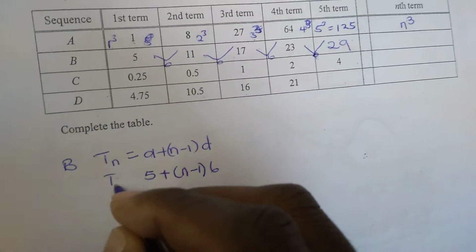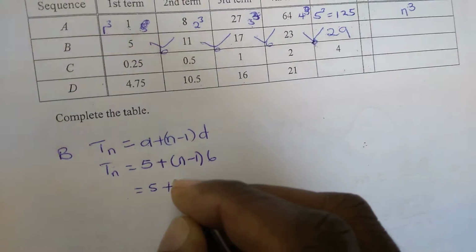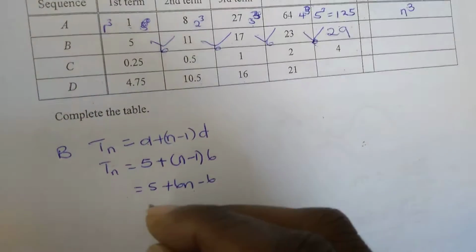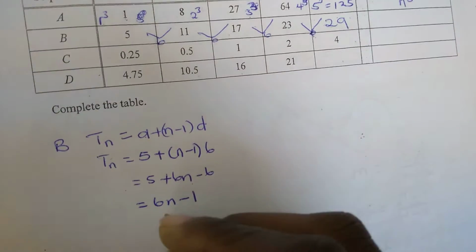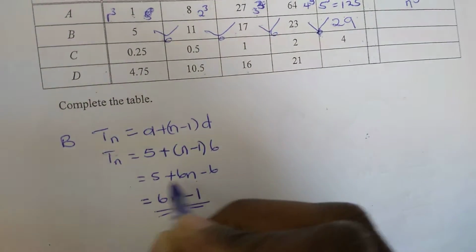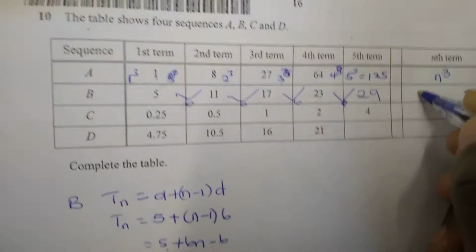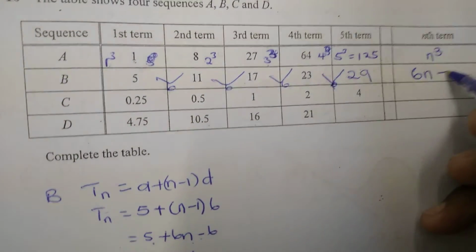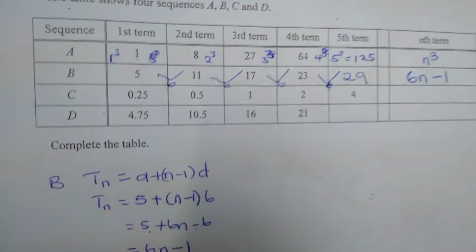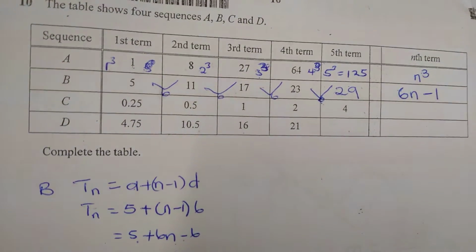So the nth term is going to be 5 plus 6n minus 6, or 6n minus 1, because 5 minus 6 is minus 1. So we go ahead and write 6n minus 1. That is for the nth term.